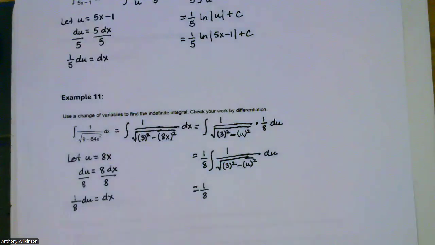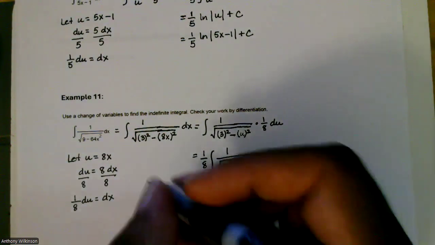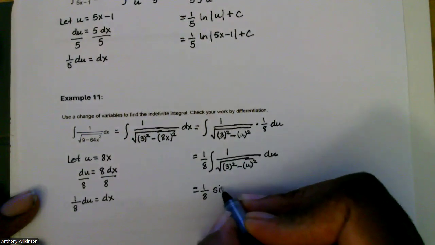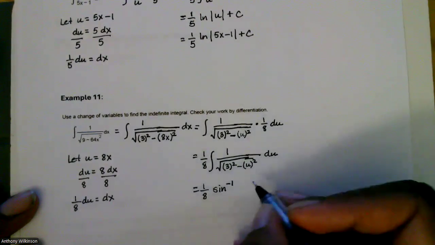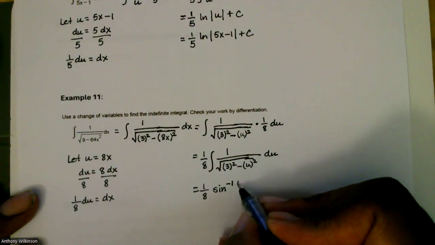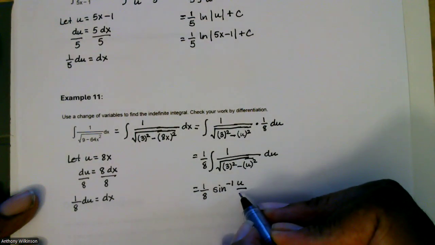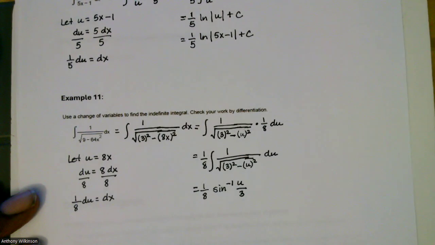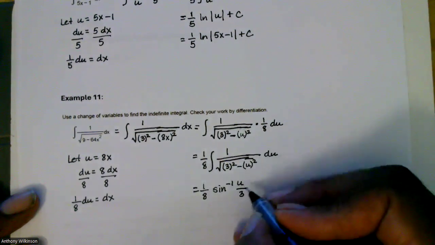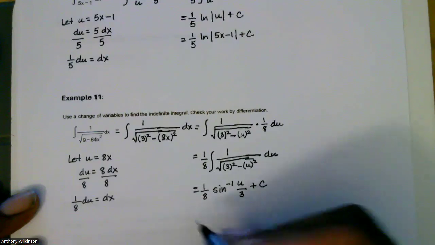So in this case, I'm going to have 1/8 times the inverse sine of this u, that's your numerator. This will be 3, because since a squared is 9, that means a has to be 3. You have to think of what number squared will give you 9, and this is 3. And then that's just going to be plus c.